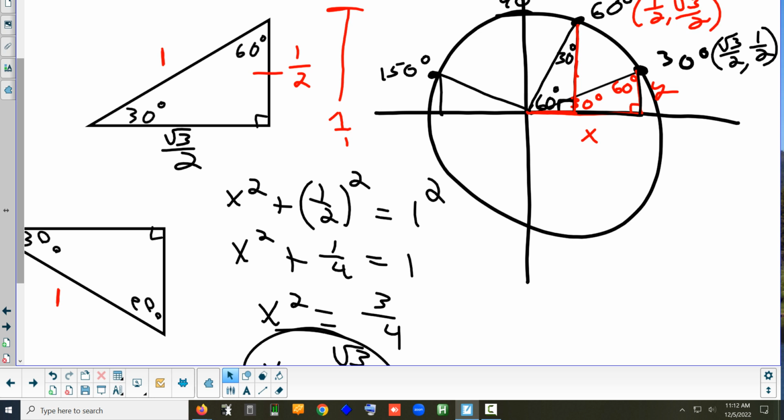So knowing the 30, the 45, and the 60, that allows you to do the 30, 45, and 60 in quadrants 1, 2, 3, and 4. So that gives you 12 different angles you can find the coordinate for. And then we also have the 0, 90, 180, and 270. So that essentially gives you 16 angles you should be able to find the coordinate for.